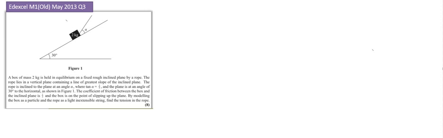So it's inclined. So I've got my normal reaction perpendicular to the plane. I have got my gravity vector, which is going to be 2g, and that is at an angle to the vertical of 30 degrees. Okay, I've got tension pulling in this direction at an angle of alpha.